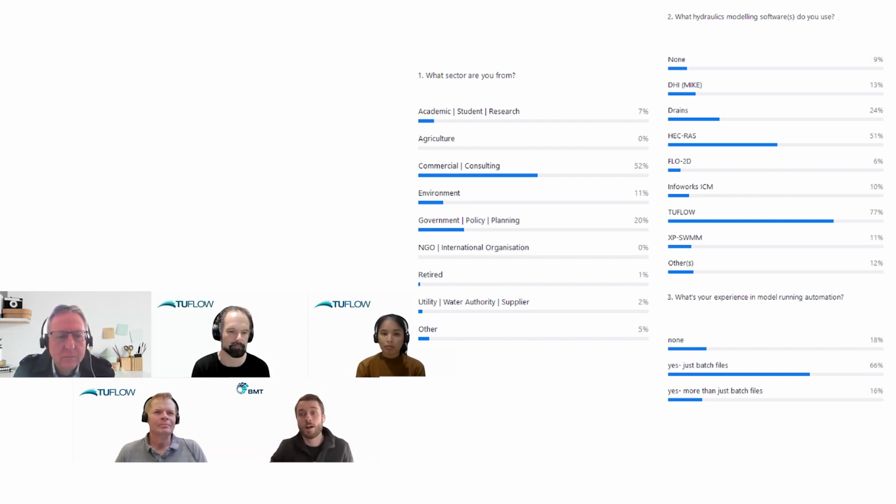The majority of people use batch files, to queue up your runs and keep things moving. Just behind that, we have none. So I guess people are used to setting models off. Then we've got a small contingent of people who seem to be using more than just batch files. We might see what that includes later on.